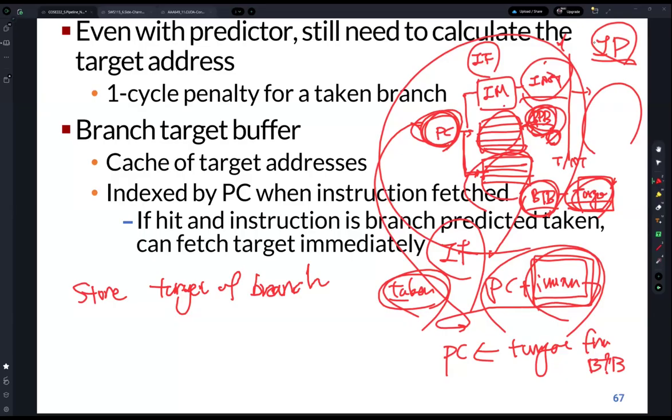This is to reduce the performance drops caused by branch instructions. The performance of a processor can be highly influenced by the performance of the branch prediction buffer or branch predictor.